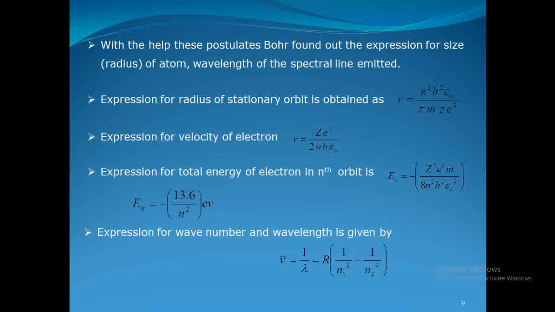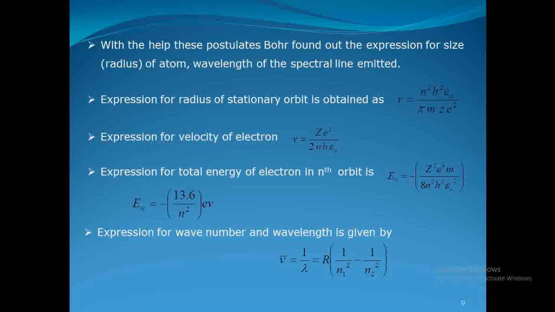What do you mean by wave number? The number of waves per unit length is known as wave number, indicated as ν bar. You know the symbol for frequency, ν; if you draw a small line over it, that is called ν bar, and it is measured as the reciprocal of the wavelength.